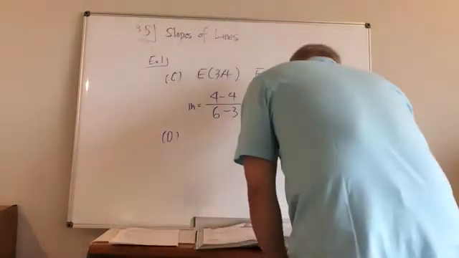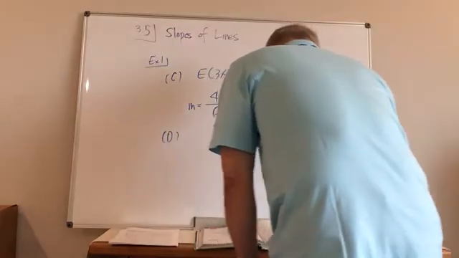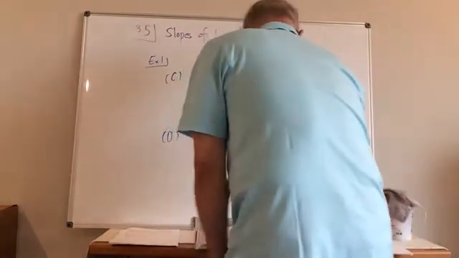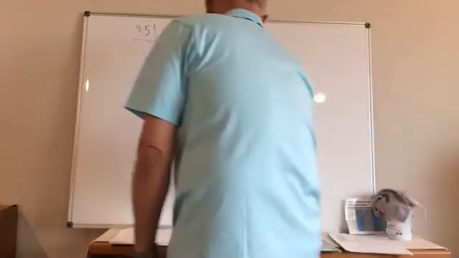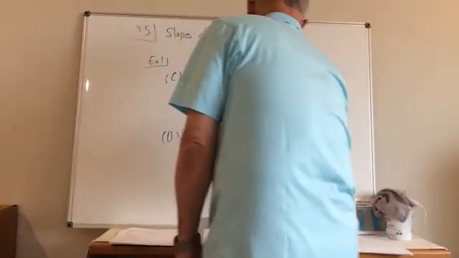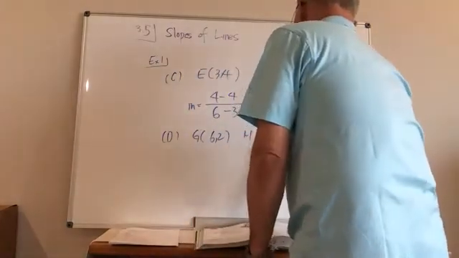In D you have G and H. G is (6, 2). H is (2, 6).